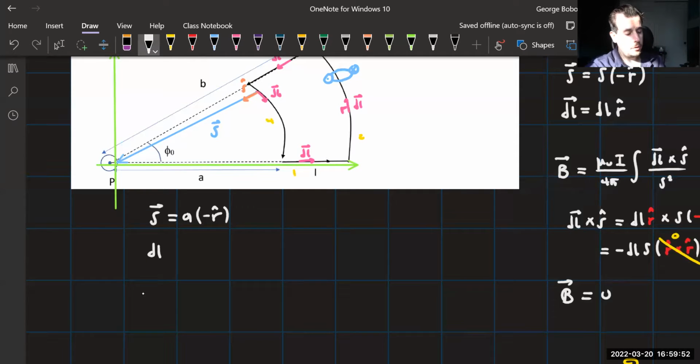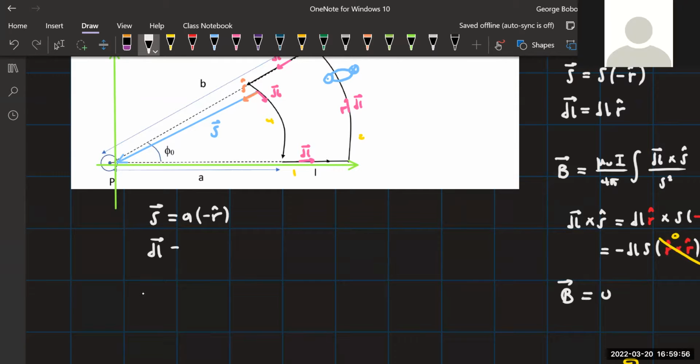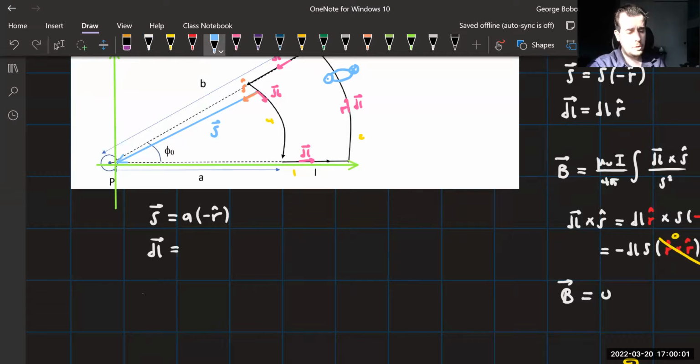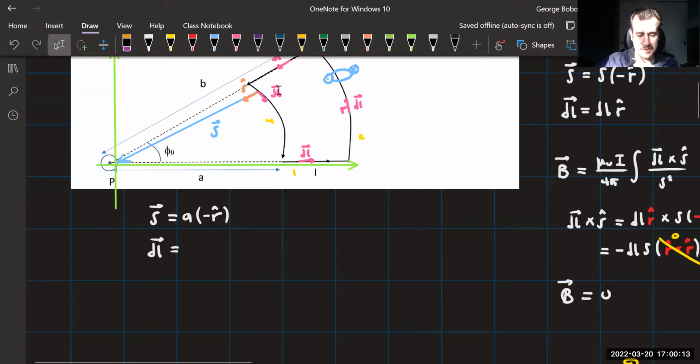Now, for dL, let's ask Natalie, again, since she did it before. For dL, what would you say here, Natalie? Same logic, but a different R this time around. If we were to find the size of this, what would you say this is? The size of dL. A dphi, good. And where would you say it's pointing?